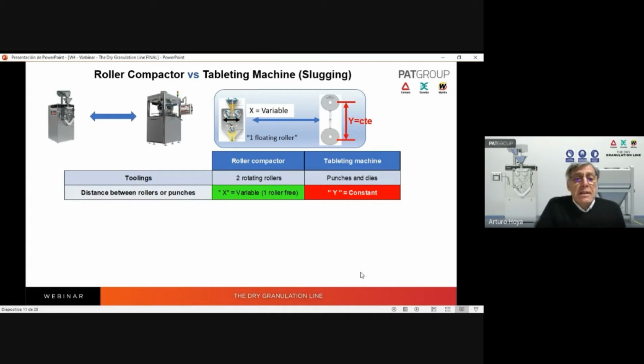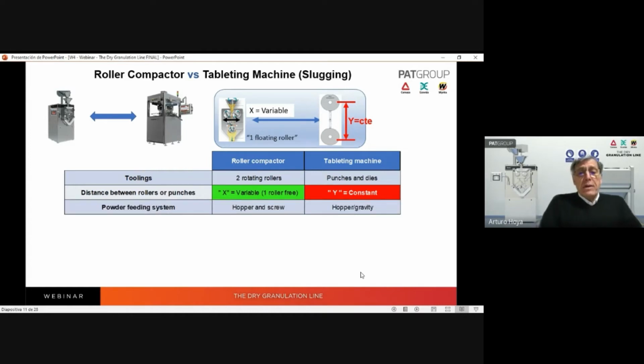The other question is the distance between rollers or punches. X is variable because one roller is free. This is called the gap control mode. You fix the gap distance, and this will vary as a function of the feeding of the powder. And in the case of the tablet machine, Y is constant.